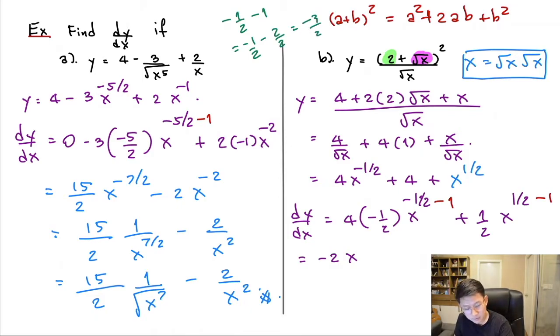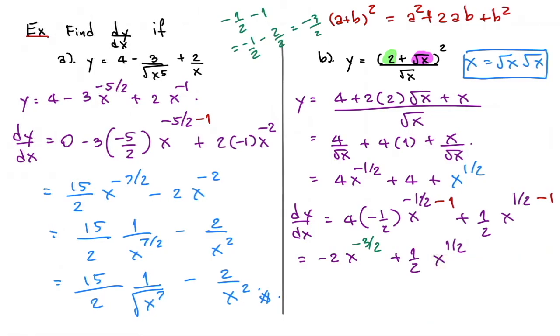So we have minus 3 divided by 2. And then plus half of x to the power of, guys, 1/2 minus 1. You have 1/2, right? 1/2 minus 1 is actually 1/2 minus 2 divided by 2, which is, sorry, minus 1/2.